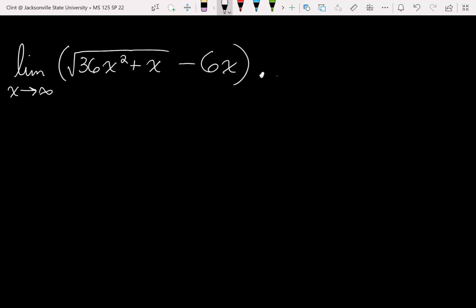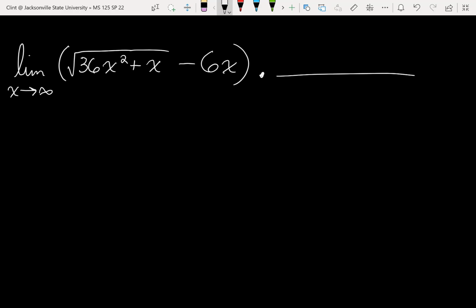So to rationalize, when you've got two terms, you multiply by the conjugate. So the conjugate, what does that mean? That just means the sign between the two terms. What do we do with that? Change it.